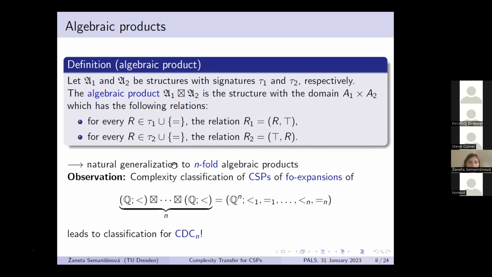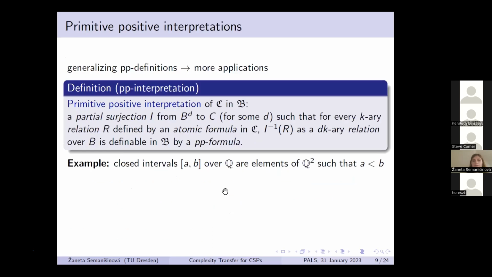Yeah, and we already know why we want to talk about this, because this could be generalized to n-fold algebraic products. And if we take the nth algebraic power of Q with order, we obtain exactly the structures that we want to study to classify the complexity of the n-dimensional cardinal direction calculus.